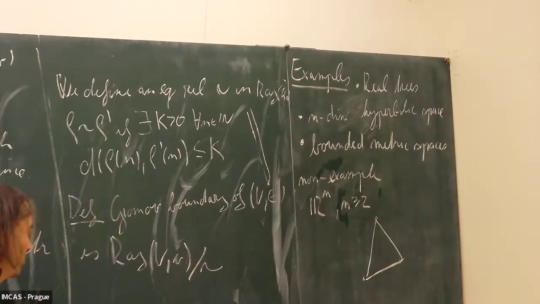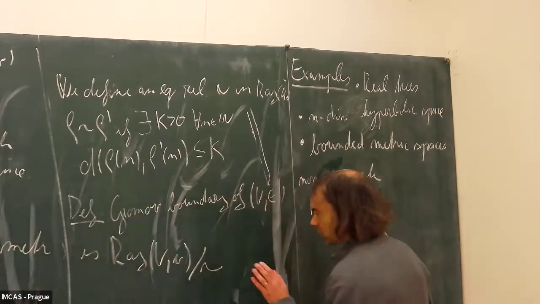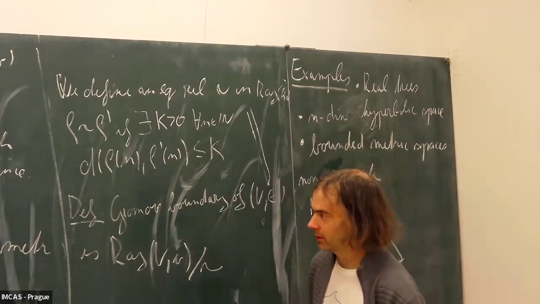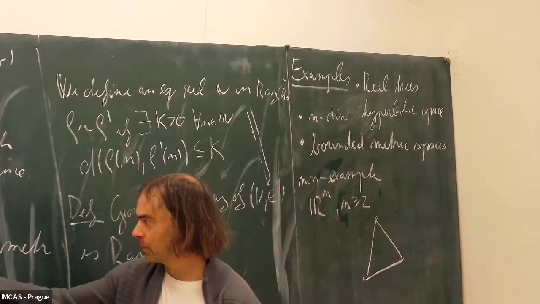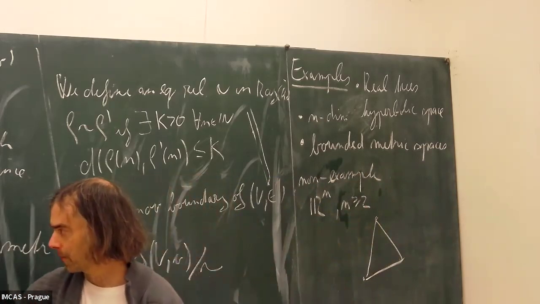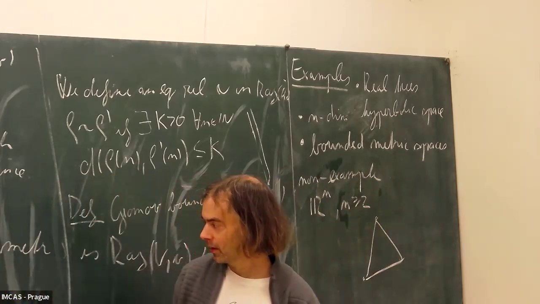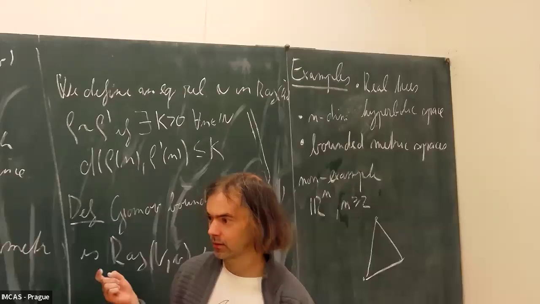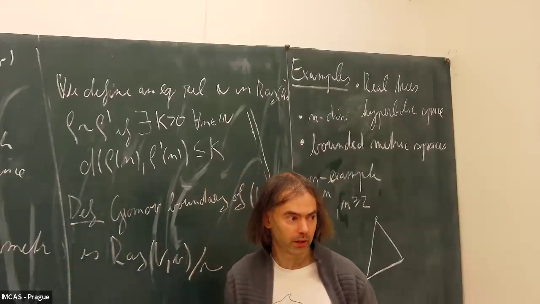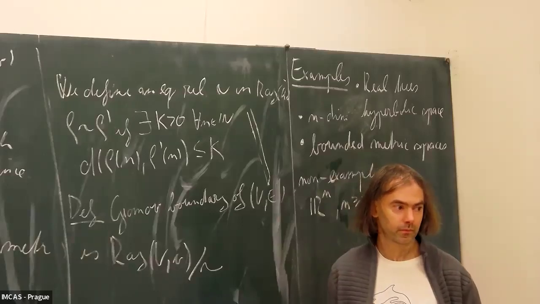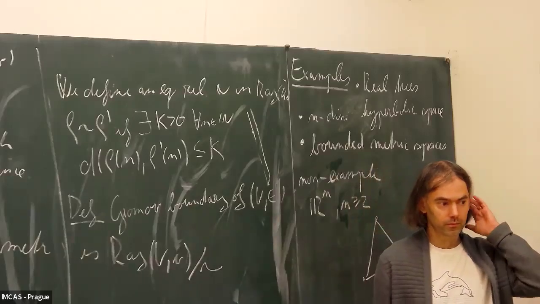There are some things to check, some standard facts from topology. If you have a compact space and you define a closed equivalence relation on it, then the quotient will again be compact and metrizable. What is the Gromov boundary of interest?